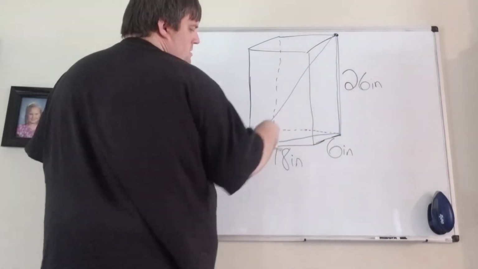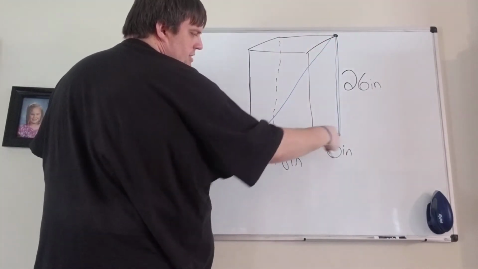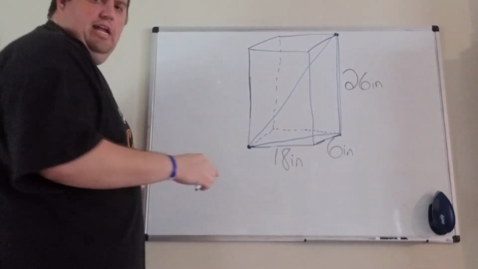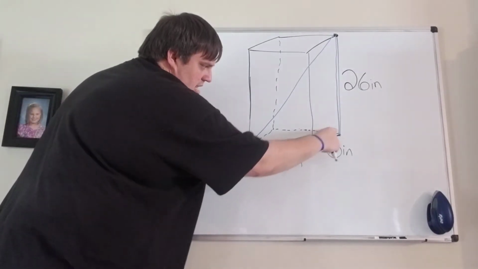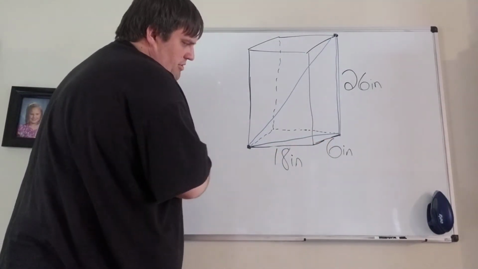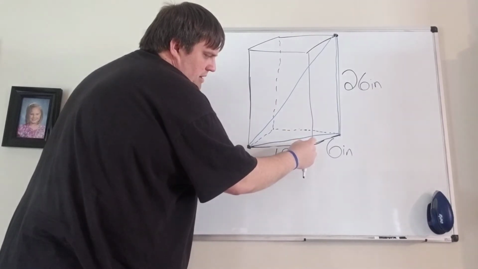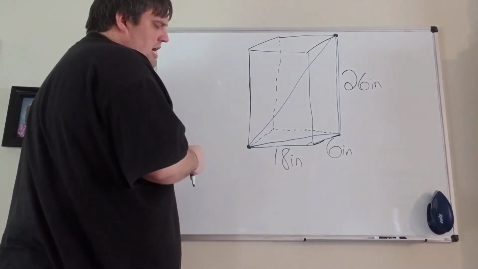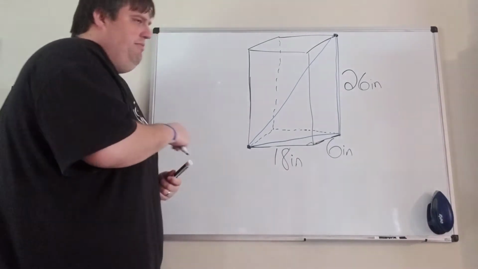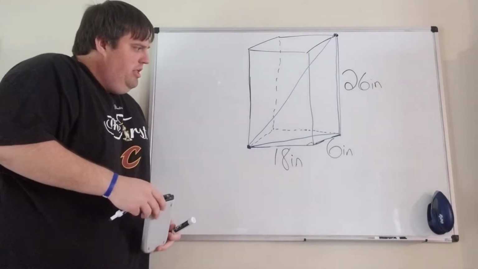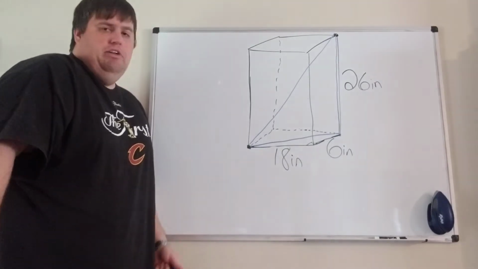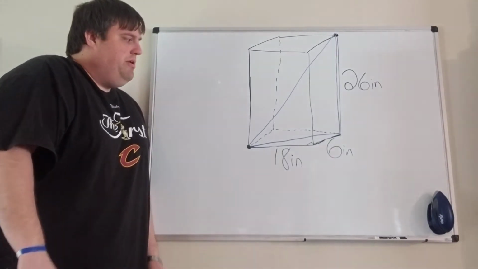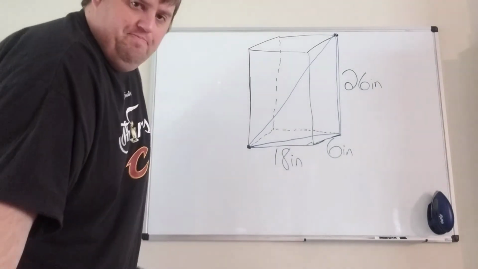But we don't know this side and we don't know this side. But we can find this side with these two. I know it doesn't look like a right triangle, but if we're saying that it's a box, a rectangular prism, then we know it has to be a right triangle down there too. So we're going to use Pythagorean theorem 2 times here.